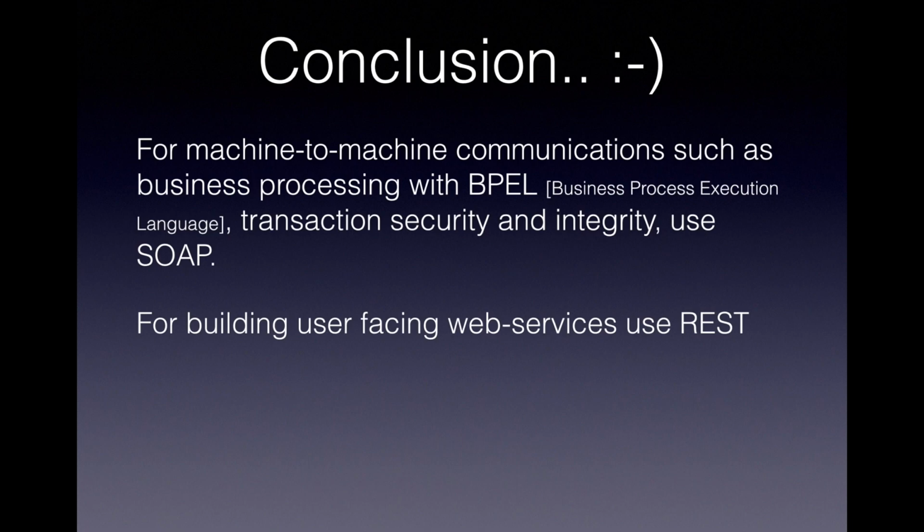You will also have the flexibility of deciding your own security when you use RESTful web services. So consider all the points we have discussed in the video and make the best possible decision suitable to your business requirement and end users.